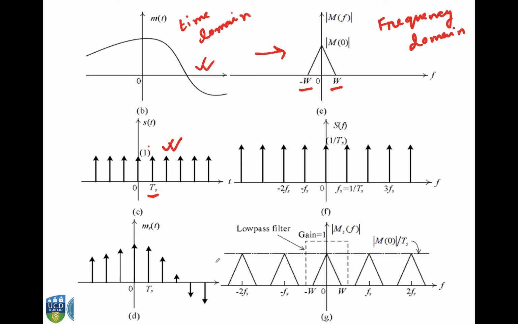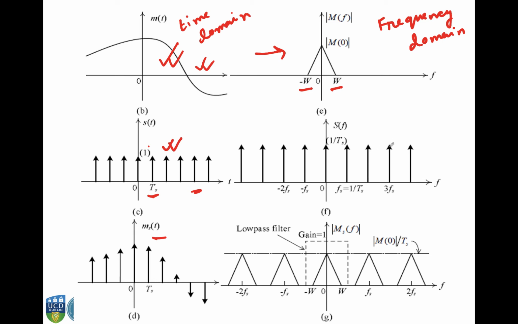Now if you sample this signal by convolving with this impulse train, you get the sampled signal ms(t), which looks like this. In the frequency domain, anything that is convolved in the time domain is a multiplication in the frequency domain, which you know from signals and systems class.